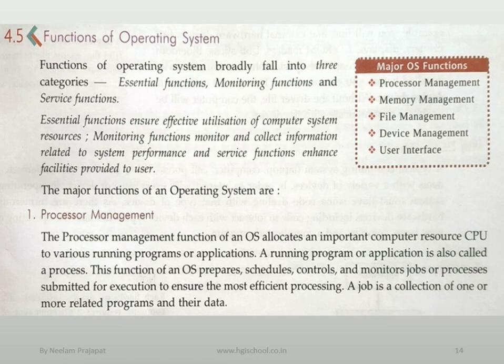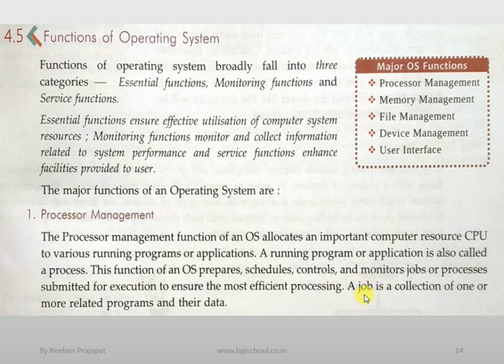According to that, the operating system will schedule everything. It will prepare, control, and monitor all the processes which are in the queue, like which process to run first and which to run second, according to priority also.